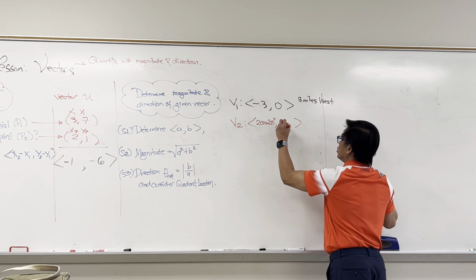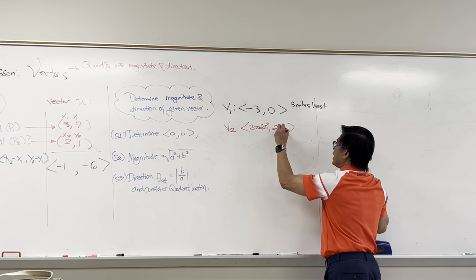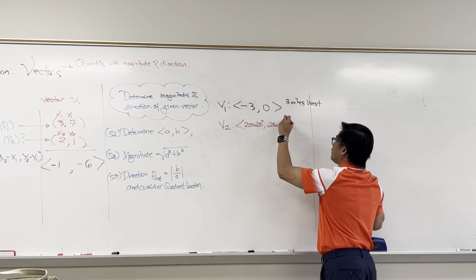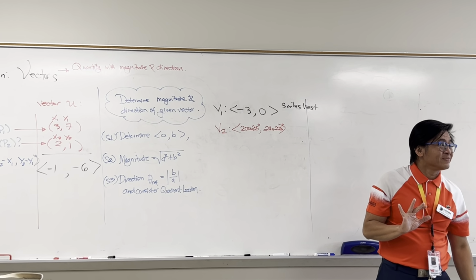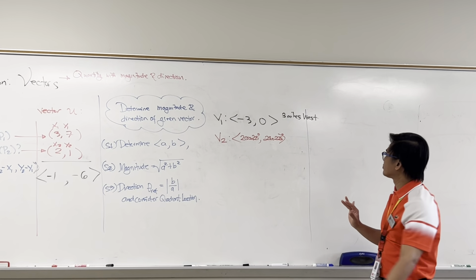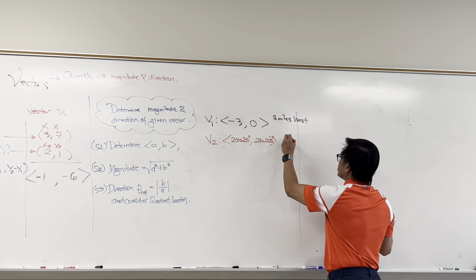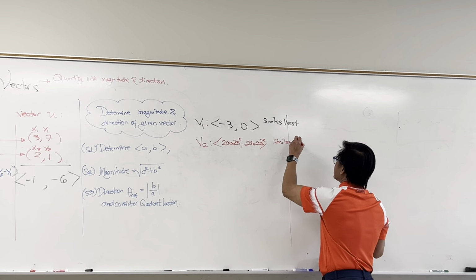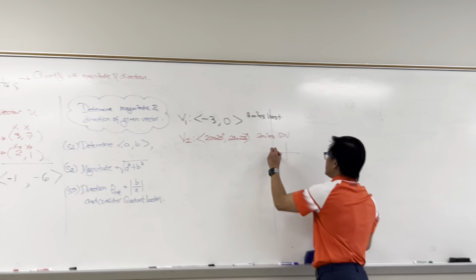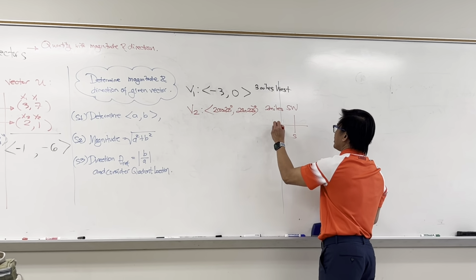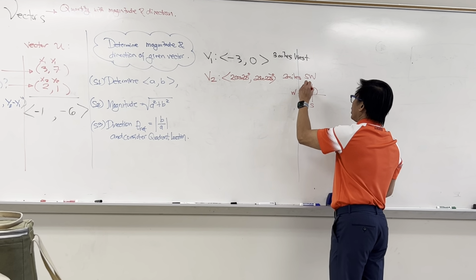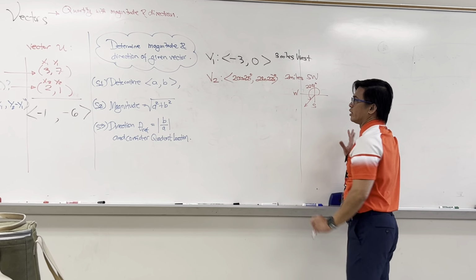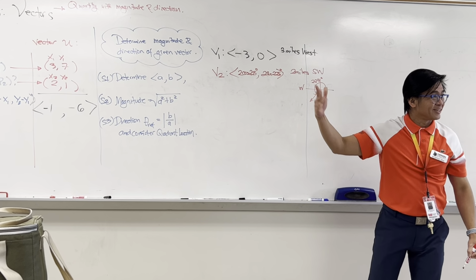Same. 2 sine 225 degrees as well. And again, this is 2 miles southwest. If you see southwest, this is south and that is west. So that's midway here, and that's basically 225 degrees on the third quadrant.